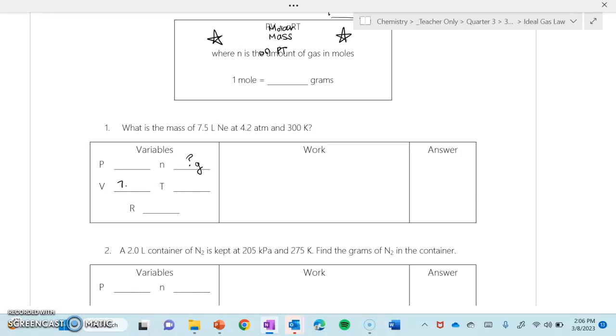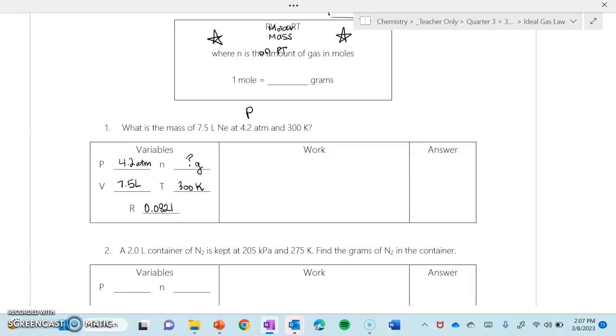Liters is relating to our volume, 7.5 liters of neon at 4.2 atmospheres and 300 Kelvin. When we solve this ideal gas law, we are going to be using the R value that corresponds to atmospheres, which would be 0.0821. So our first part of this problem will be solving the ideal gas law.